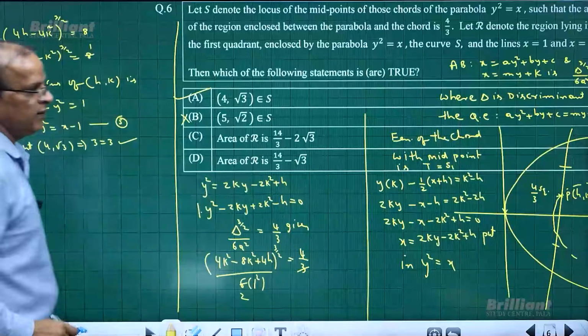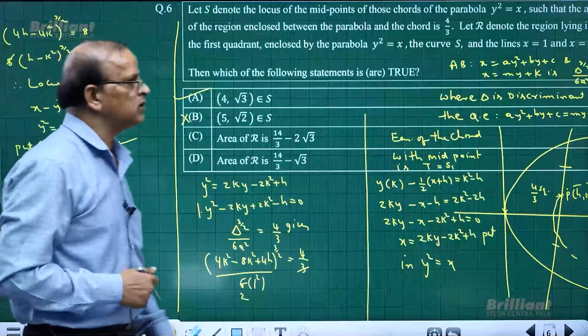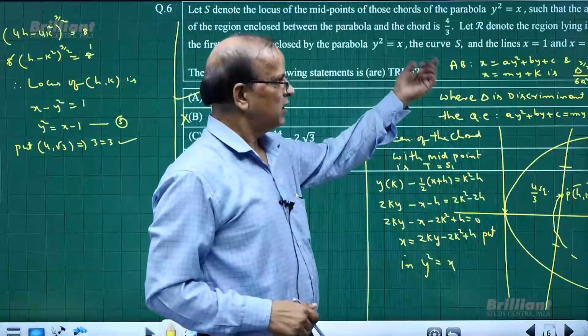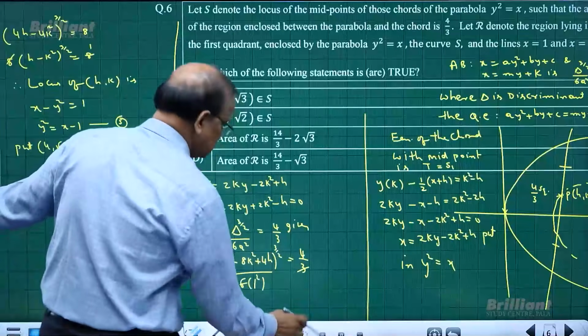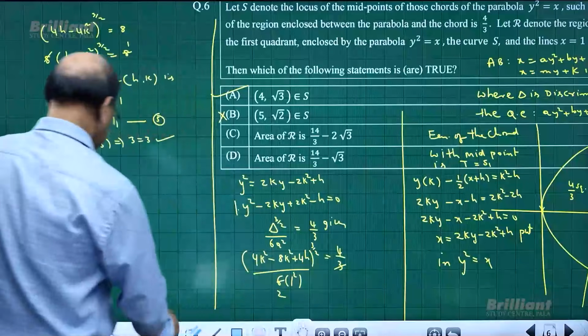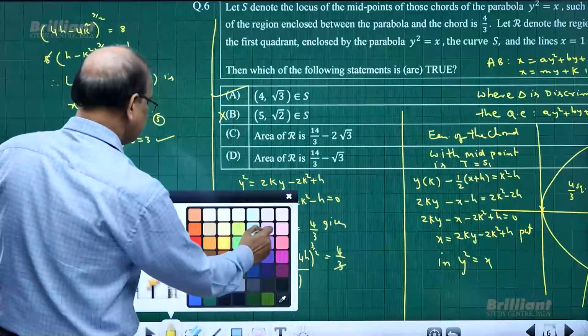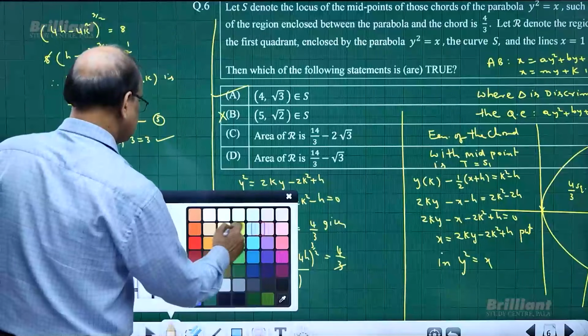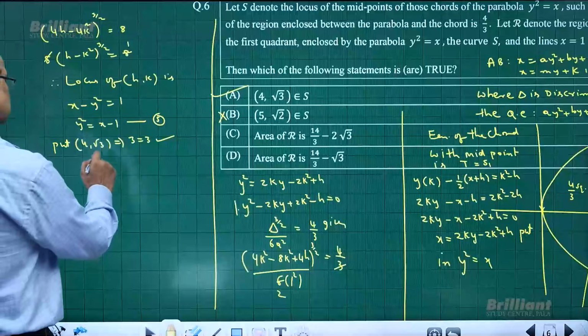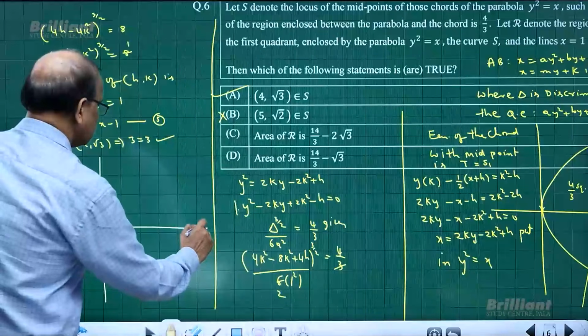Now, we have to find the area. So, the area bounded by what? The parabola S and x equal to 1, 2, 4. Like this. See, this is again the figure. So this figure is like this. This is the y square equal to x parabola.